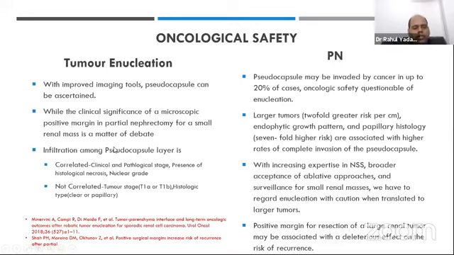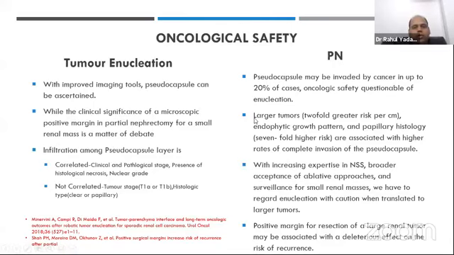Infiltration of the pseudocapsule layer correlates well with the clinical pathological stage, presence of histological necrosis and nuclear grade. So if we are anticipating a high clinical stage or more tumor necrosis, though nuclear grade is very difficult to ascertain preoperatively, in such cases we can definitely go for a partial nephrectomy.